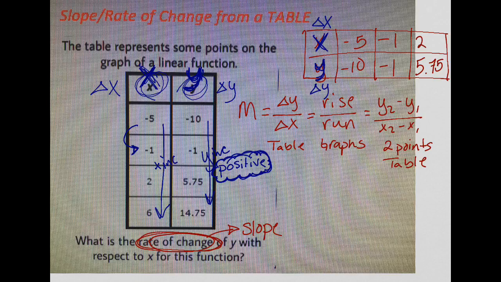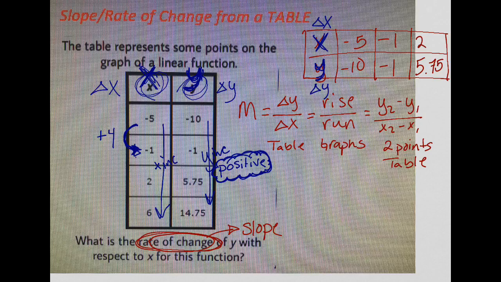So going back to find change in x, remember change in is just what do I have to add or subtract to get from -5 to -1. And that would be adding 4 units. Now I do want to check that the table is the same, and sometimes it's not.